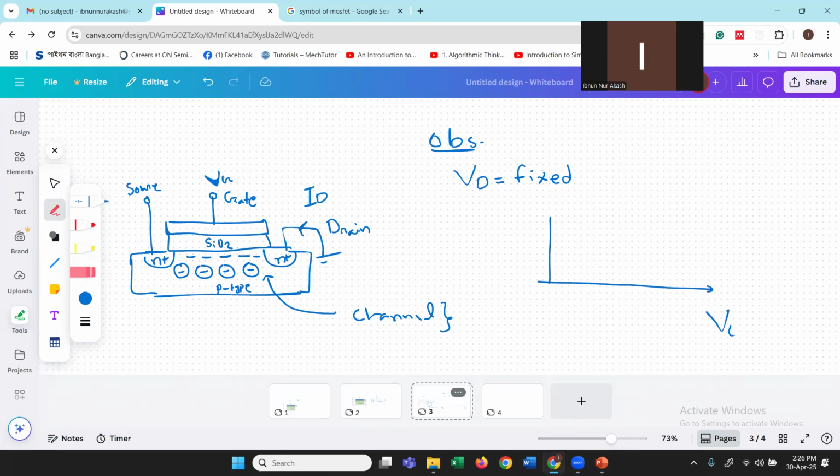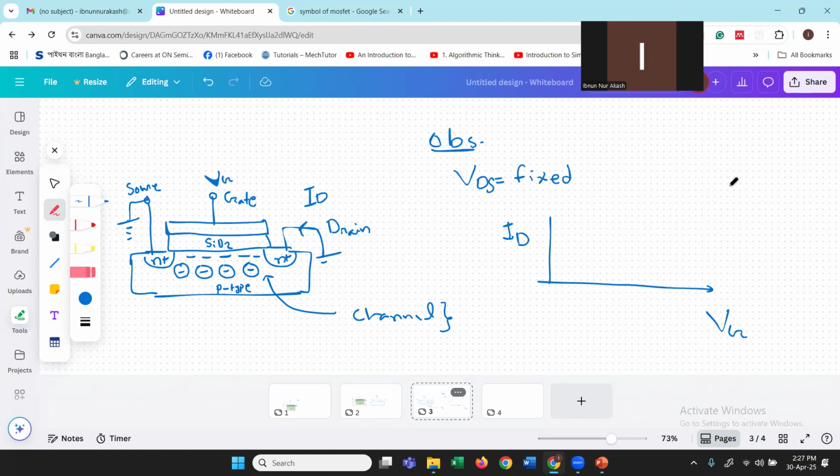This is VG and this is ID. One thing I forgot to mention is that all of our voltages are measured with respect to the ground, and our source terminal is also connected to the ground, meaning we are measuring all of our voltages with respect to the source. So instead of VD, we can write VDS.